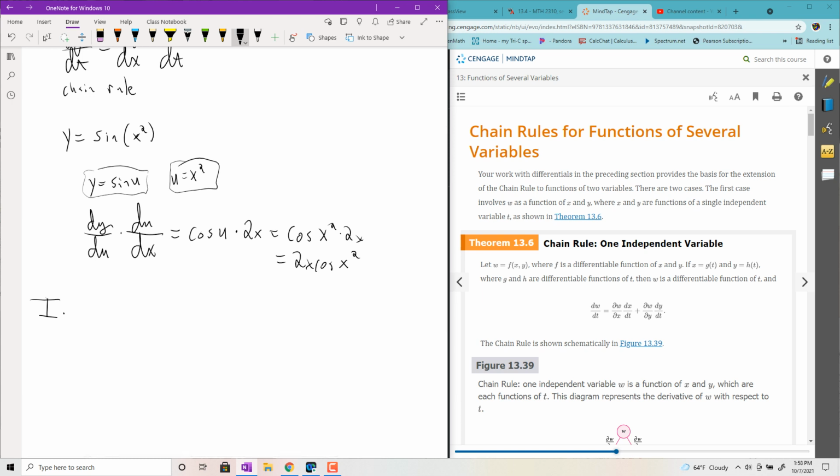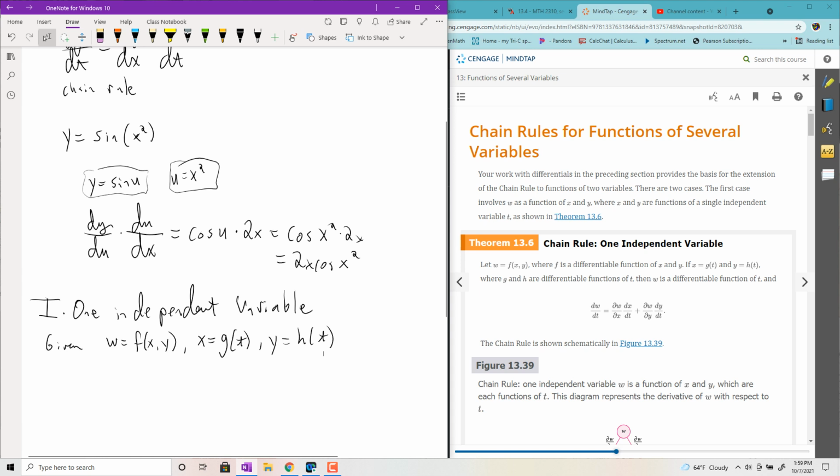So anyways, let's start with one independent variable. For example, given some function w, which is dependent on x and y, we'll also have functions x and y dependent on some other variable, we'll say t.